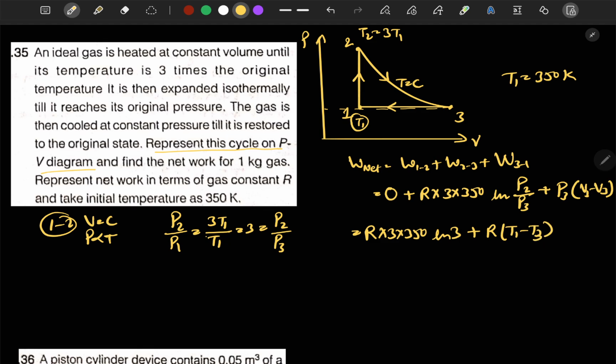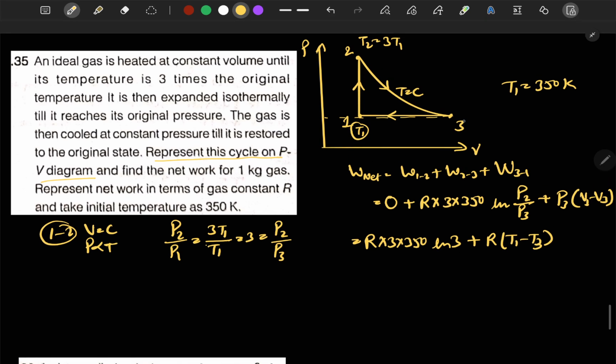Okay, so now T3 is equal to T2 since the process is isothermal, and T2 is equal to 3 times T1, so we can use it here and we can calculate the values: 3 into 350, plus 3 into 350 into ln 3.